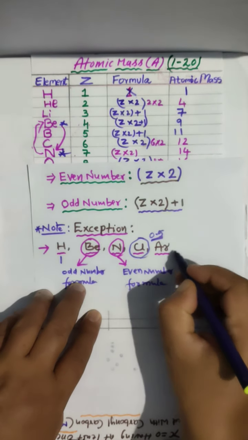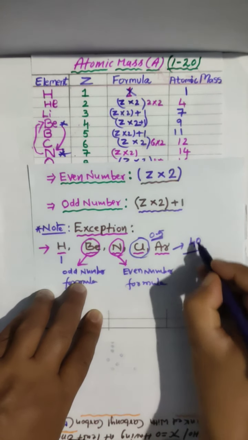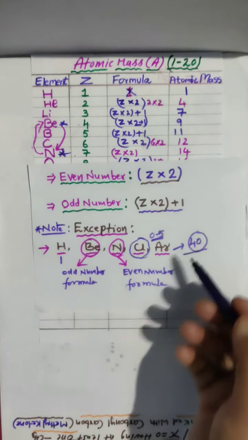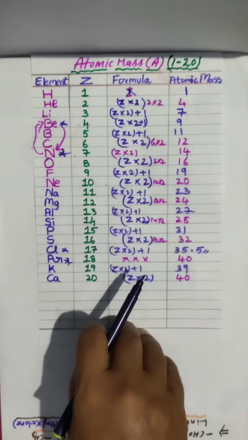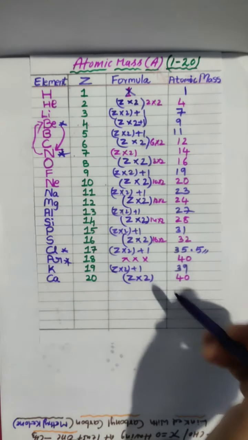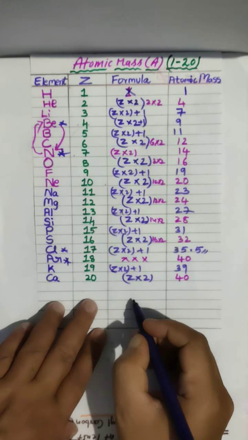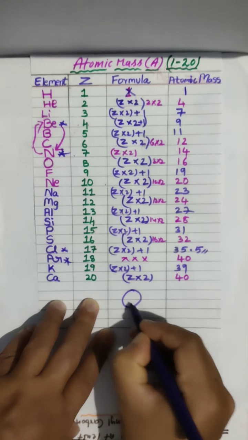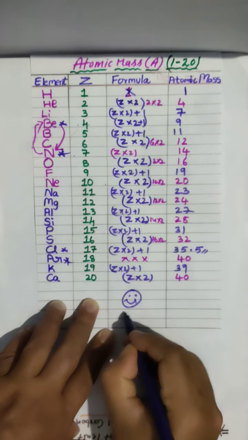And argon is 40, so calcium and argon have the same atomic mass, because of their chemical arrangement. See how easy it is to remember. No need to learn by heart. Use the even number and odd number formulas and go. Practice 2-3 times, then it is very easy to remember.